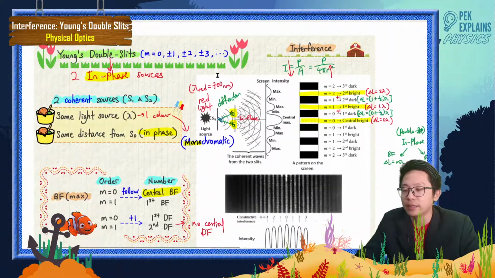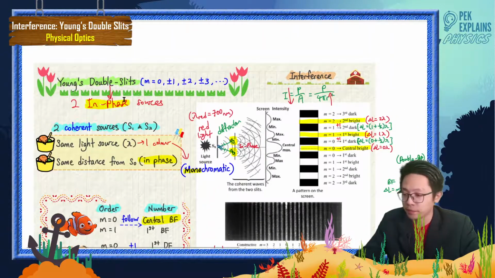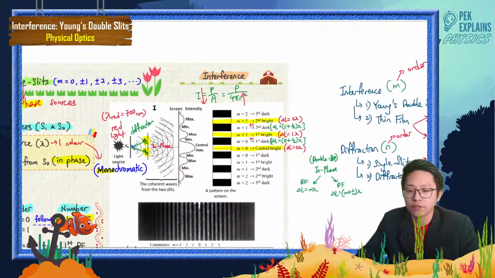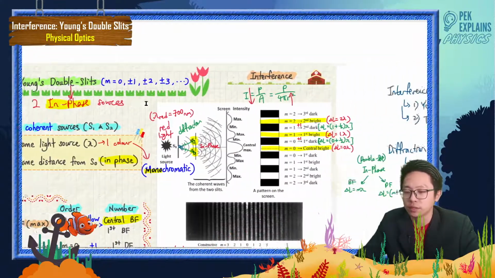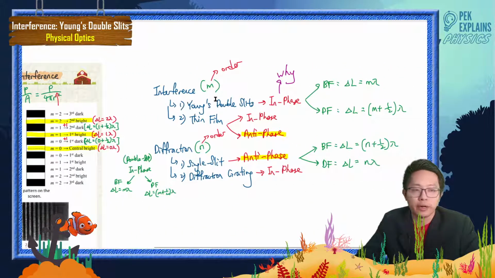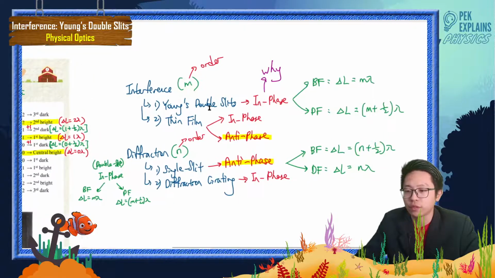We have learned that this double slit is two in-phase sources. If delta L is equal to m lambda, multiples of lambda, it will form a bright fringe. But if delta L is equal to m plus half lambda, you will get a dark fringe.